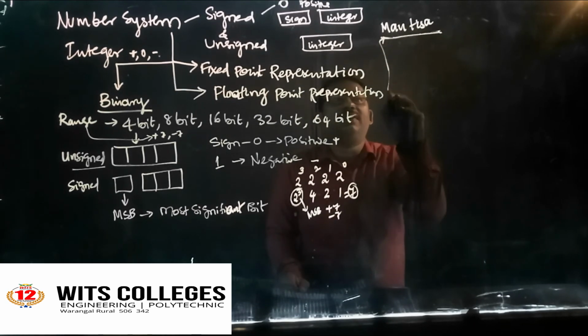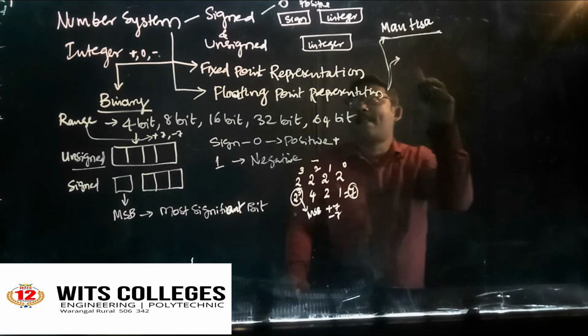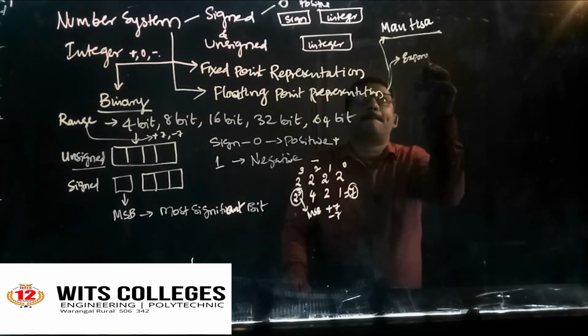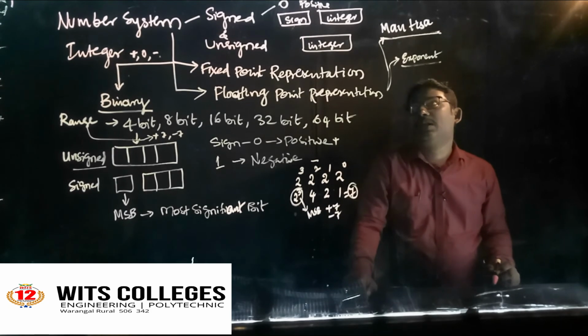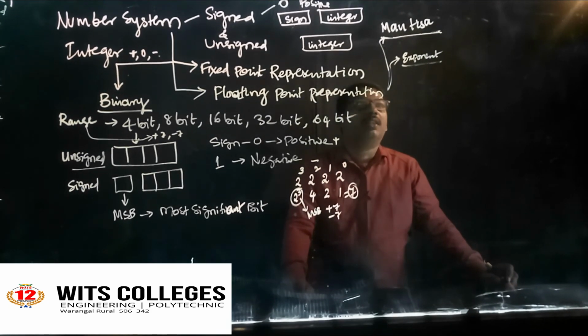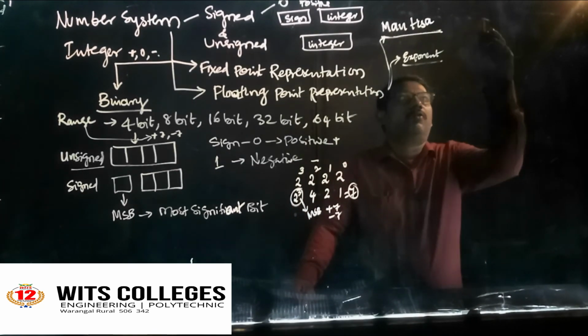One is Mantissa and another is exponent. So these two important terms here, one is Mantissa and another is exponent. The representation, how it will be, I will show you.